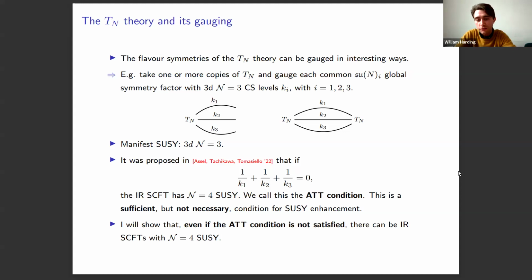We call this the ATT condition, and this is a sufficient but not necessary condition for SUSY enhancement. Indeed, I will show that even if the ATT condition is not satisfied, there can be infrared SCFTs with N=4 SUSY.